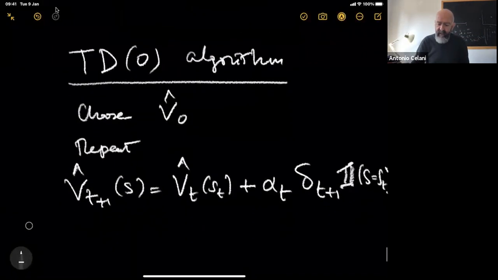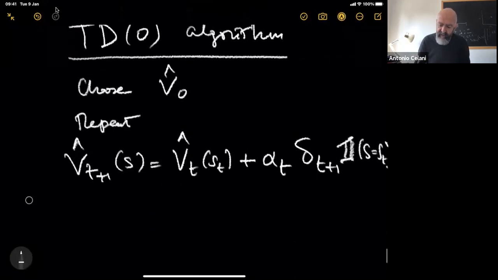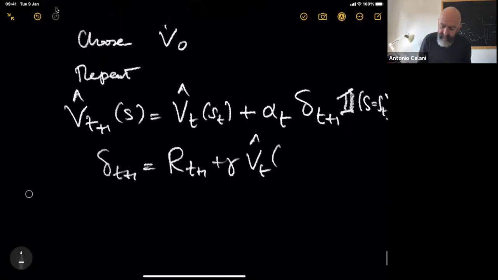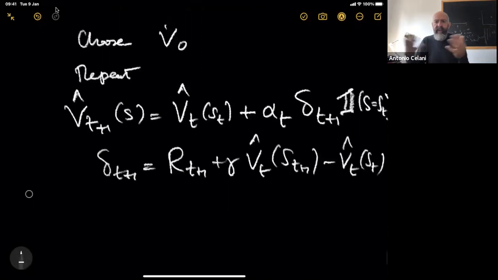Where I recall you once more that the temporal difference error, for completeness, is this. Okay. So you have a guess, which is your vector of values.